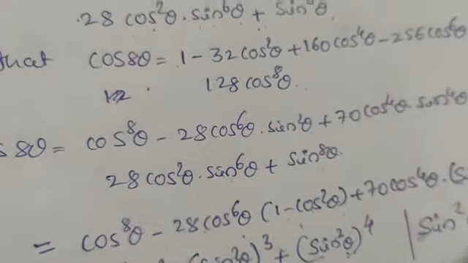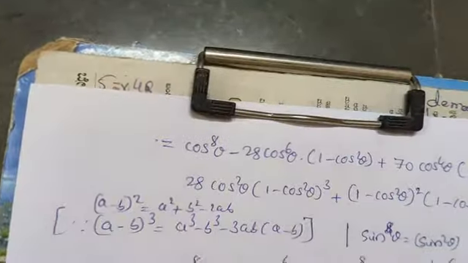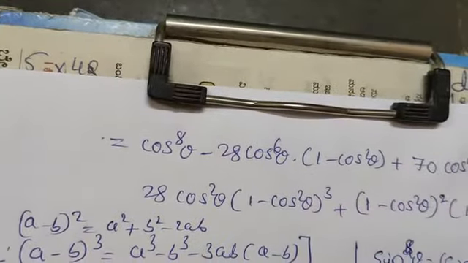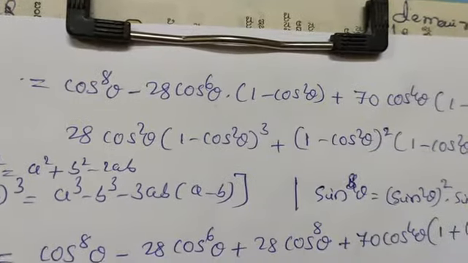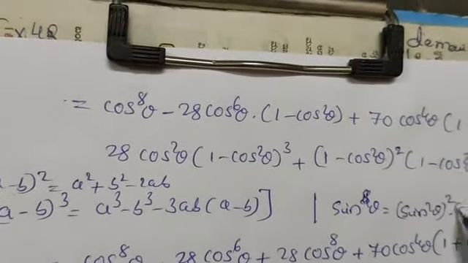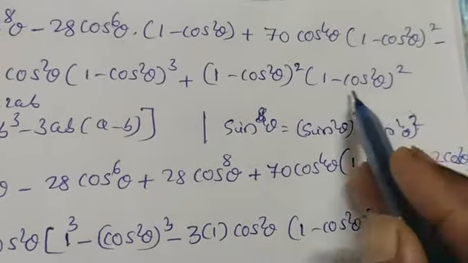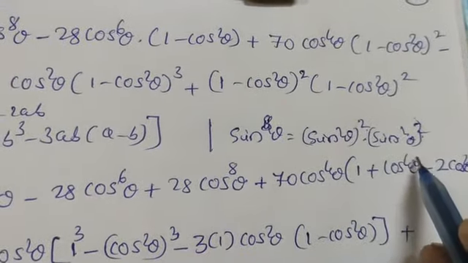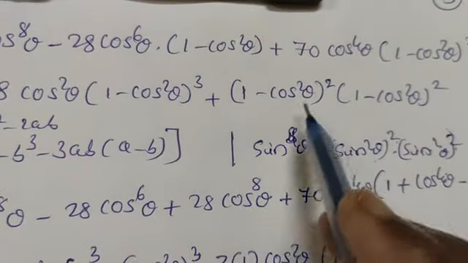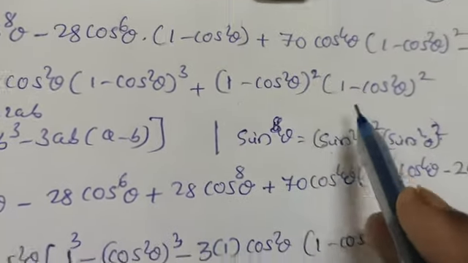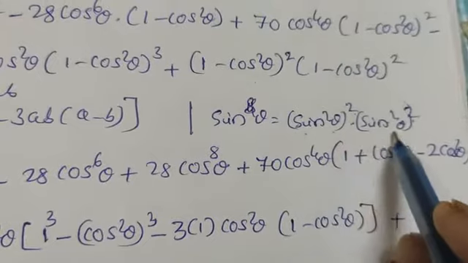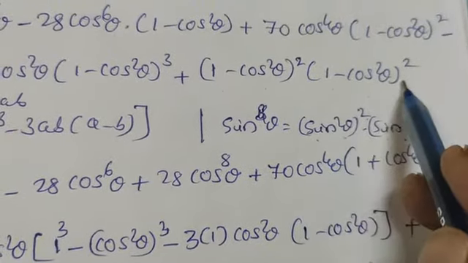Sine square whole raised to 4 is sine square whole square theta into sine square theta whole square, that is 2 into 2 is 4 and 2 into 2 is 4. This whole term becomes sine raised to 8 theta, and this sine square theta can be taken as 1 minus cos square theta whole square, and this sine square theta can be taken as 1 minus cos square theta whole square.